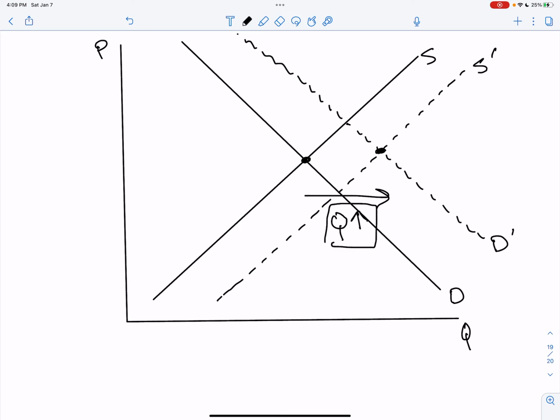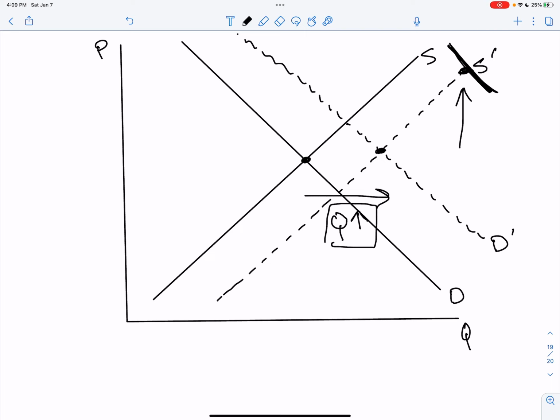Let's say we had a very, very large increase in demand with a comparatively small increase in supply. So let's say the demand curve had shifted all the way out here. Well then, clearly, this is an increase in price, right?